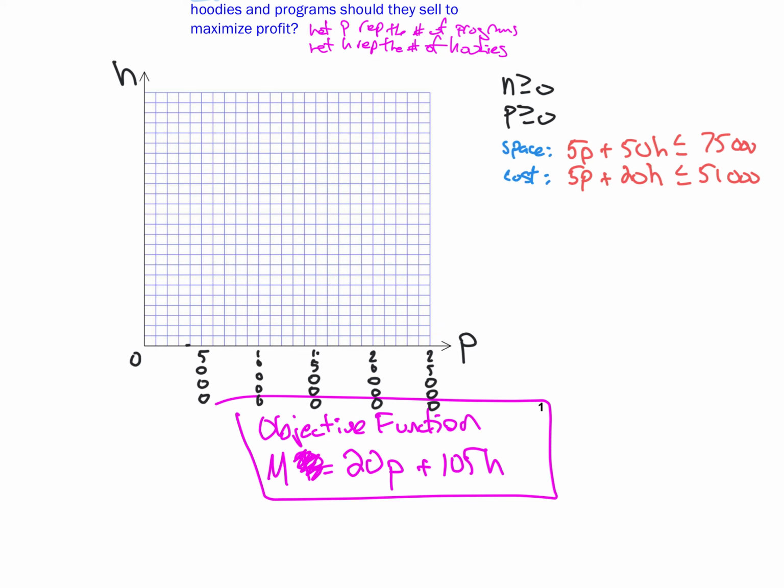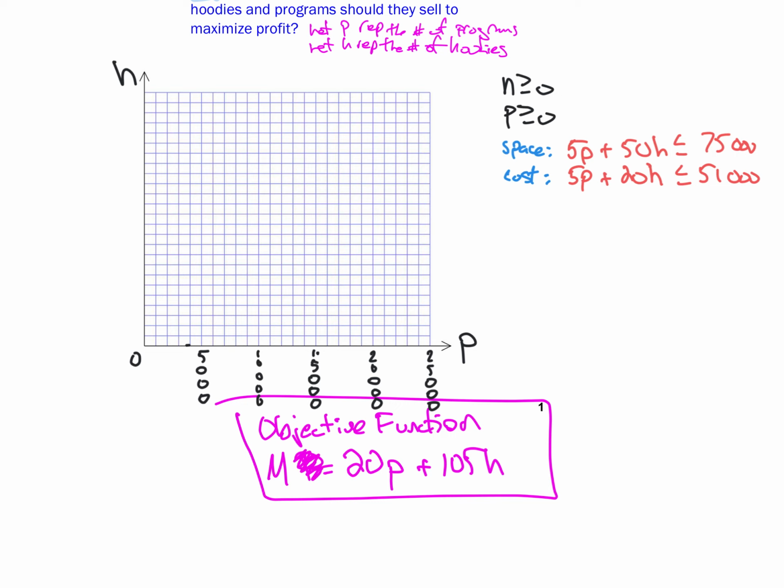What do I want to do about this? I know what I want to do. I'm going to relabel the vertical axis.